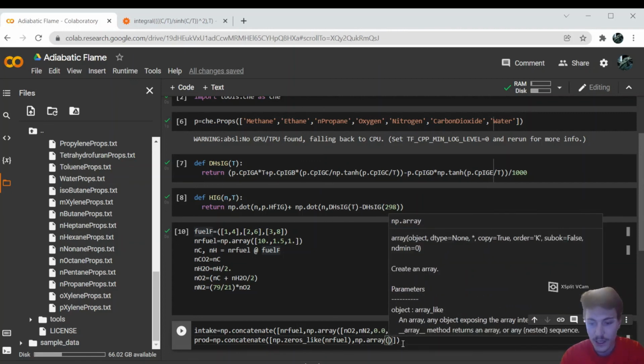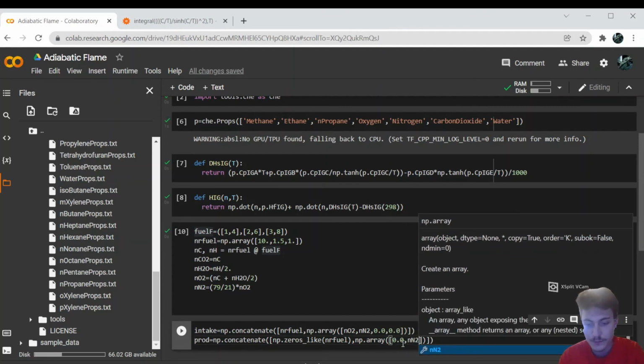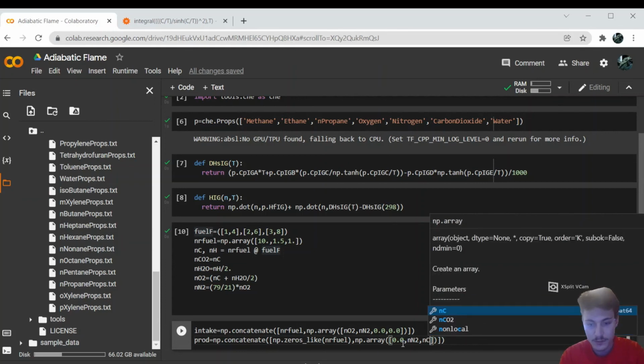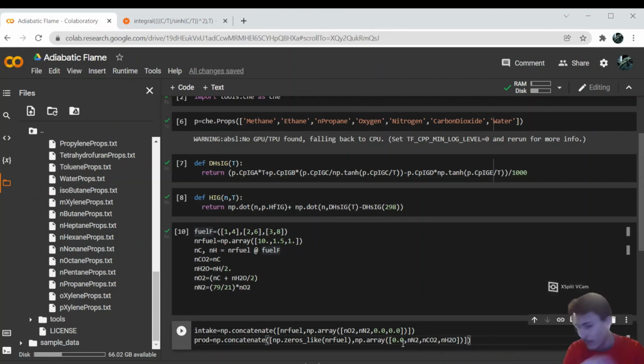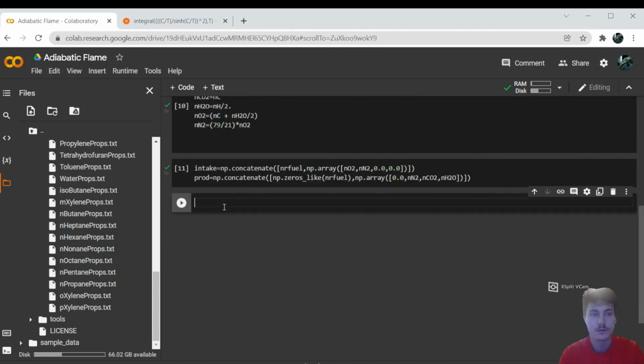We have no oxygen left, and then we have the number of moles of N2, the number of moles of carbon dioxide, CO2, and then the number of moles of water. There we go.